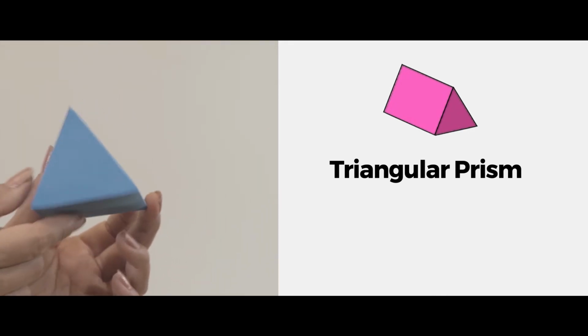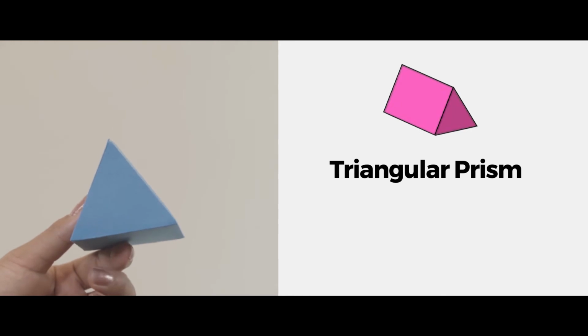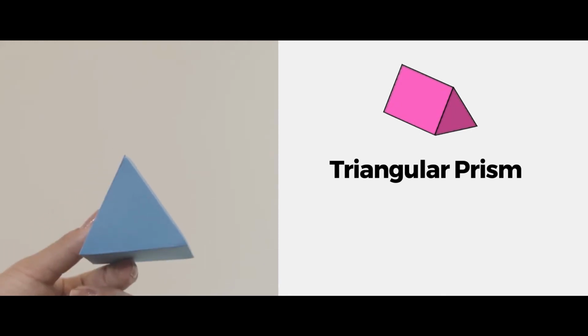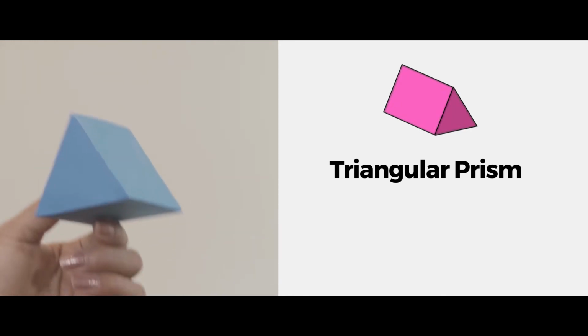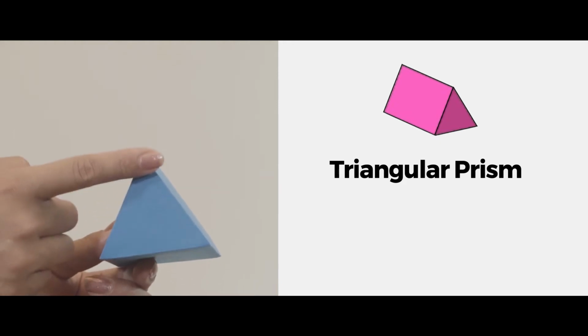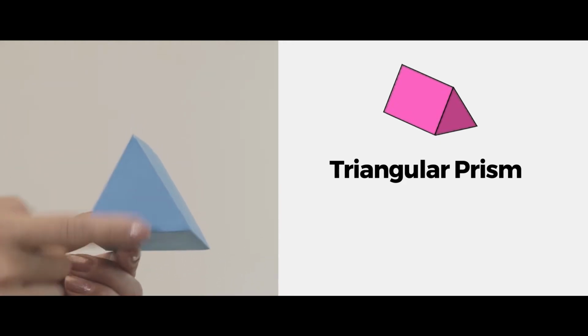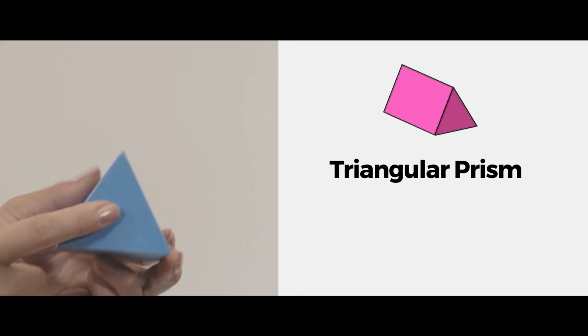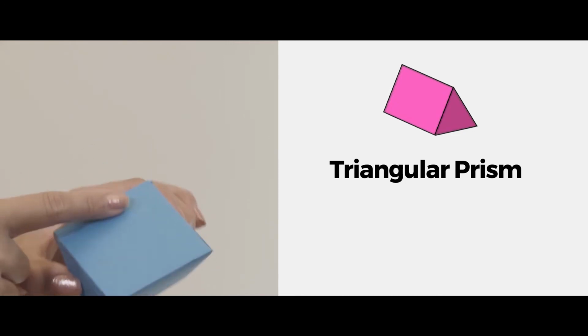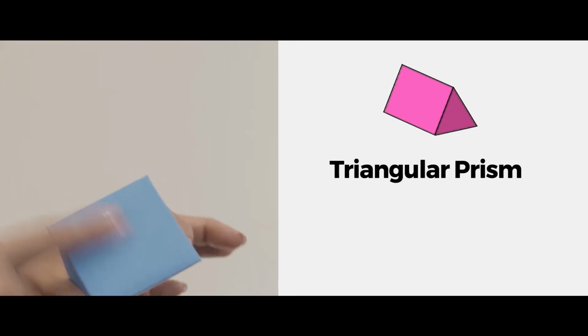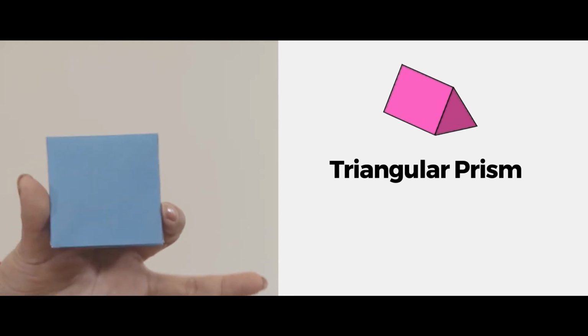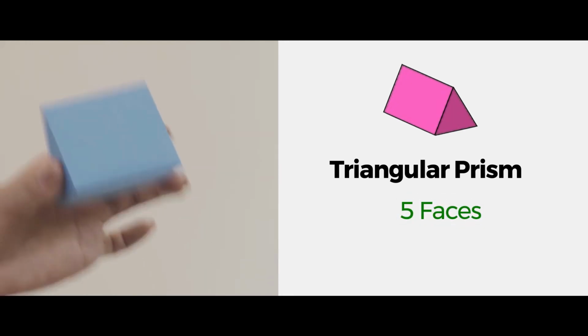Very good. Now let us look at the faces, edges, and vertices of this shape. Let us count the faces first. 1 and 2. 2 triangular faces. Then 3, 4, and 5. So this shape has 5 faces.